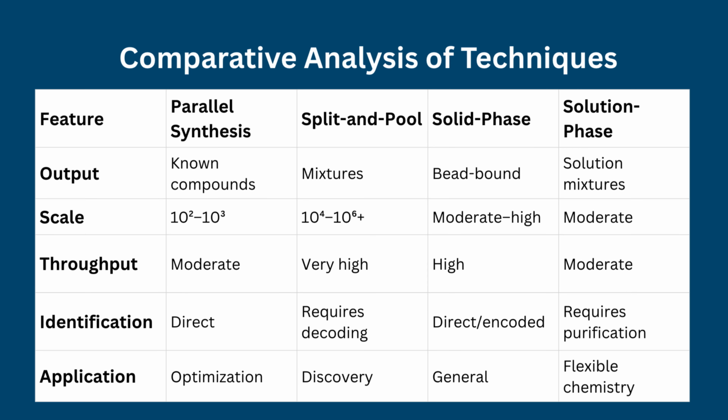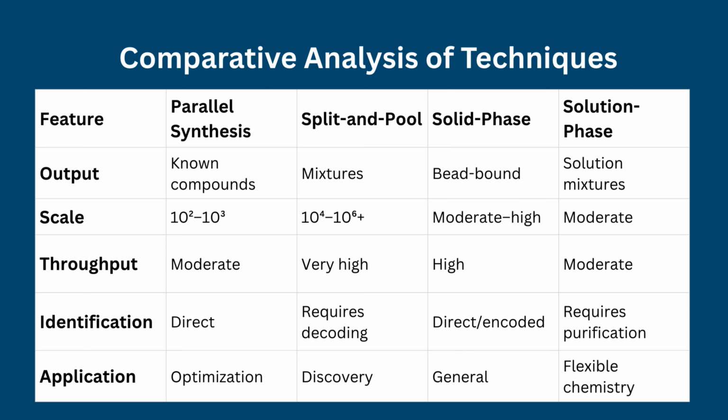Different combinatorial techniques exhibit distinct advantages and limitations. Parallel synthesis provides precise control over compound identity and is particularly suited for optimization studies, whereas split and pool methods enable the generation of extremely large and diverse libraries for initial lead discovery.